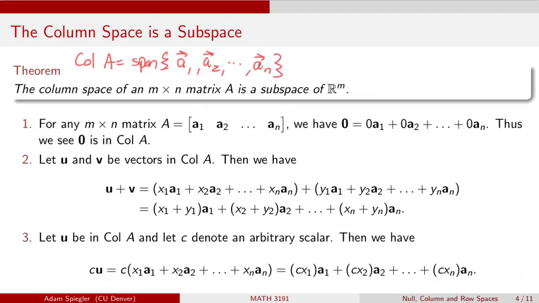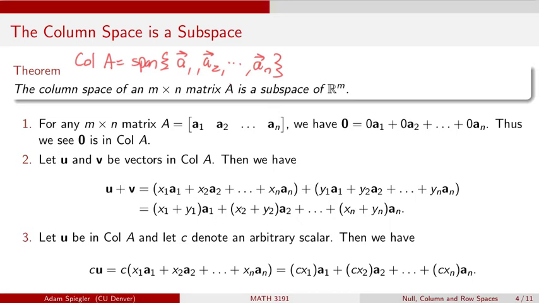For scalar multiplication, if I take some vector u in the column space of A, and let c denote any arbitrary scalar, then let's consider the scalar multiple c times u. So that would look like, since u is in the column space of A, it is a linear combination of column vectors of A. And now when I multiply this scalar, we just distribute it through every single term.